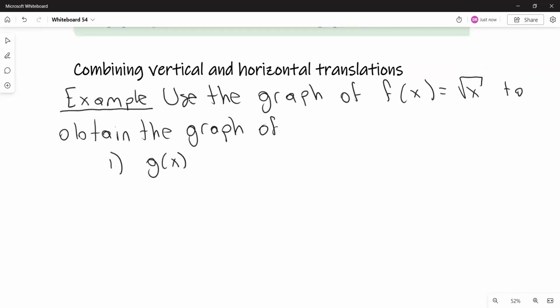The graph of the square root of x plus 2, minus 3, and the graph of the square root of x minus 3, plus 4.